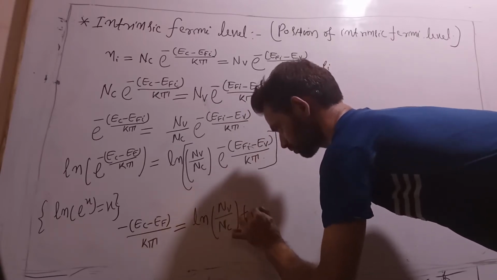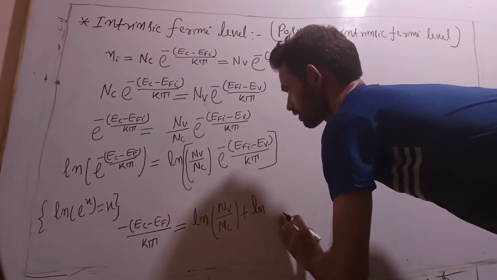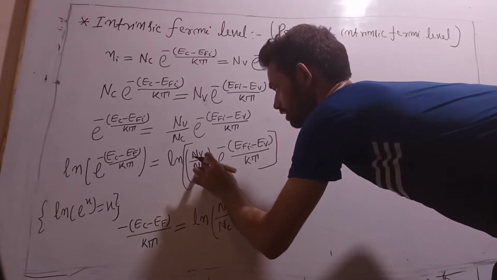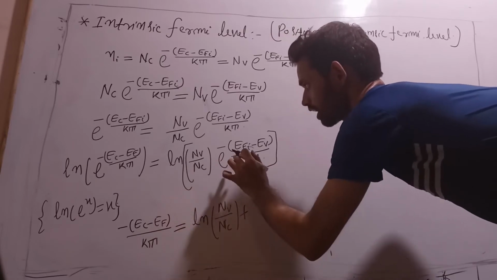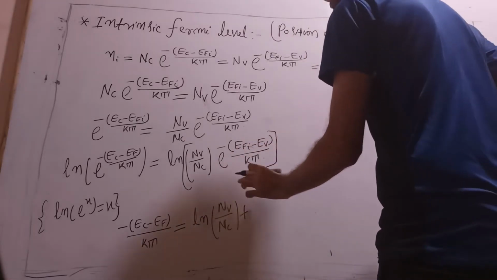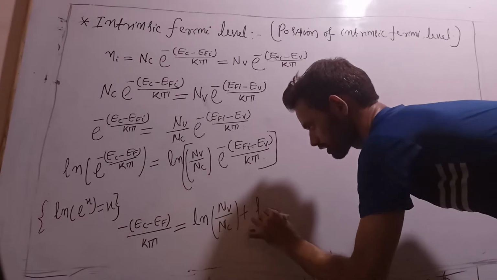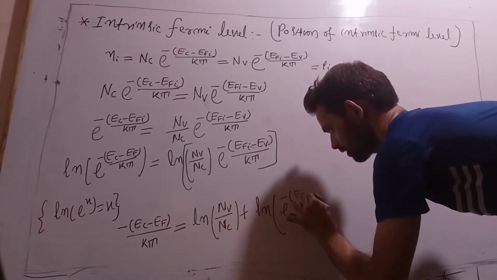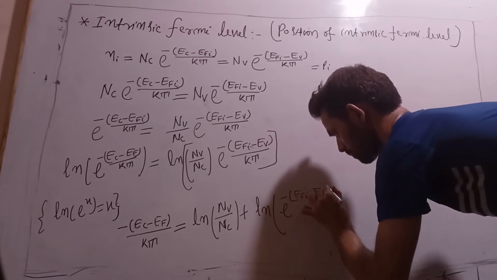plus ln, similarly ln e to the power (Efi minus Ev) by kT is what? If you see this, ln e to the power (Efi minus Ev) by kT.